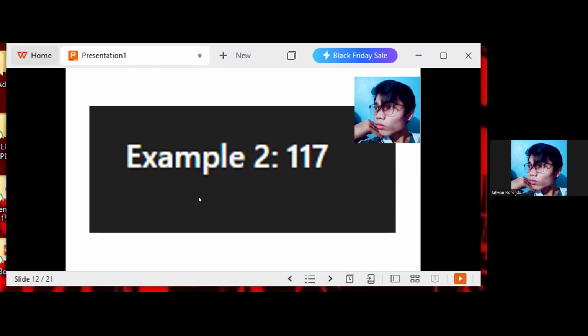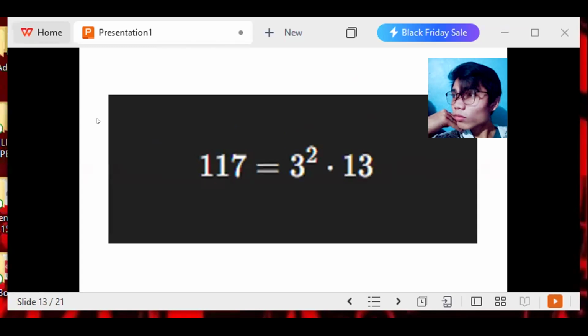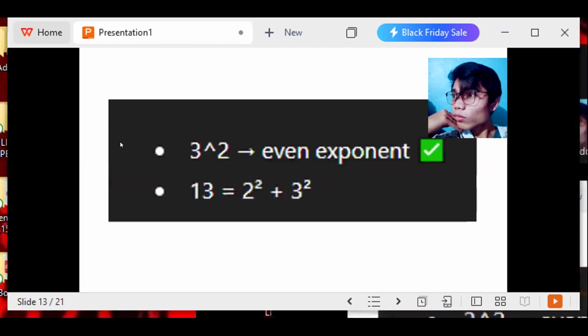First step is prime factors. So its prime factors are 3 squared and 13. Next is identify the 4k plus 3. So it has a 4k plus 3 with even exponent, and 13 is equal to 2 squared plus 3 squared. Next is express it into sums of two squares.